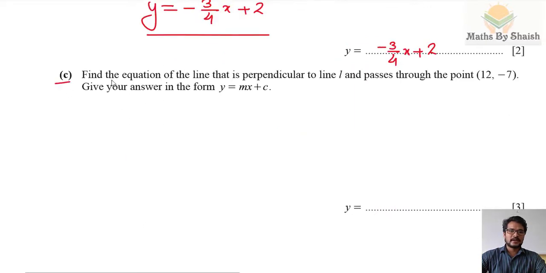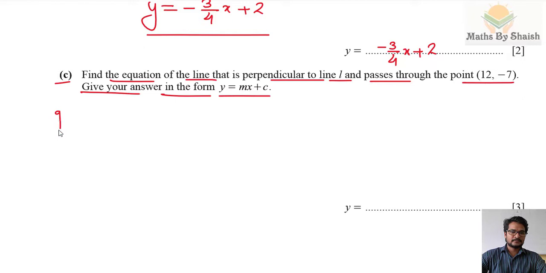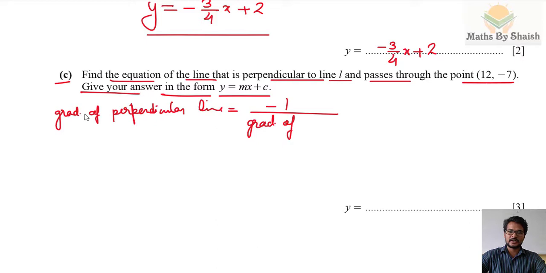For the C part, find the equation of the line that is perpendicular to the line L and passes through the point (12, minus 7). Give your answer in the form y equals mx plus c. So first of all, the gradient of the perpendicular line is going to be the negative reciprocal of the gradient of line L. From the previous part, the gradient of line L is minus 3 by 4, so the negative reciprocal would be 4 by 3.